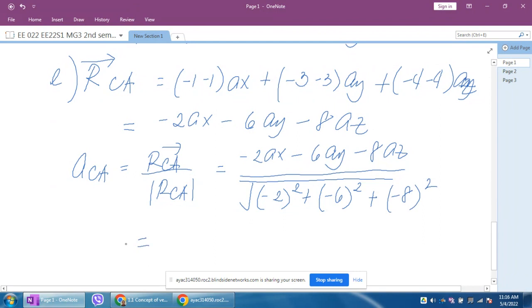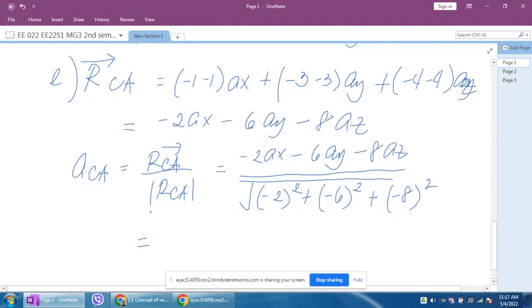How much will be our value? So that will be, magnitude natin is, please compute. Tama po ba? 10.2 po yan. And then we divide -2 divided by 10.2, -6 divided by 10.2, -8 divided by 10.2.